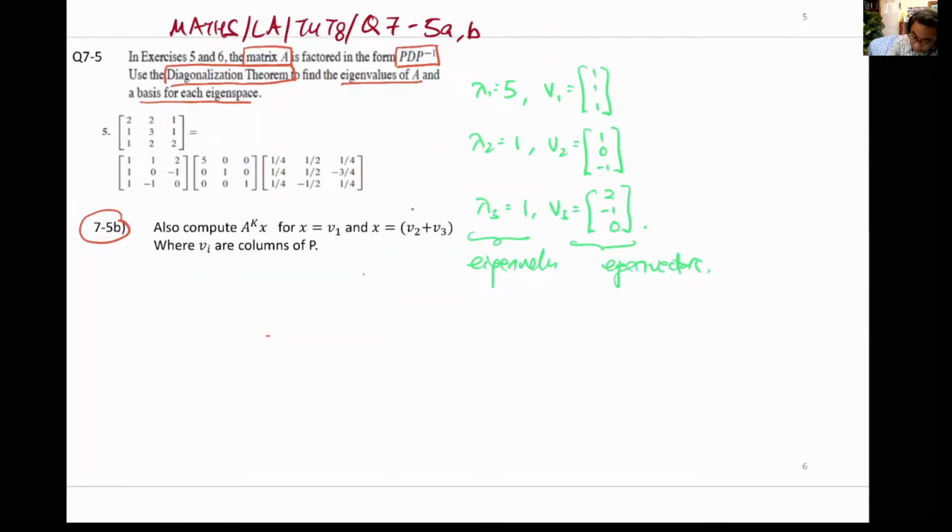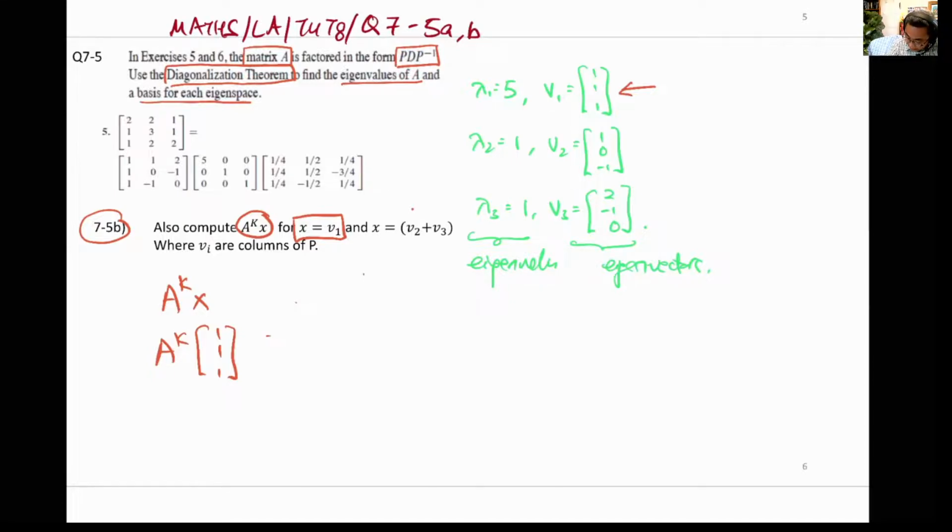We will now tackle the second part of this question. Basically, in this question, we are asked to perform A^k x for x equal to V1, the first eigenvector. Basically, we're interested in A^k applied to 1, 1, 1, and we want to find out what the output is. We begin with A times V1 equals 5 V1.